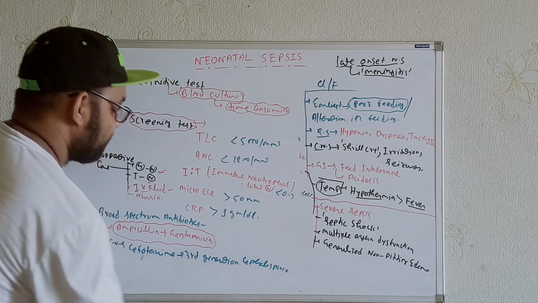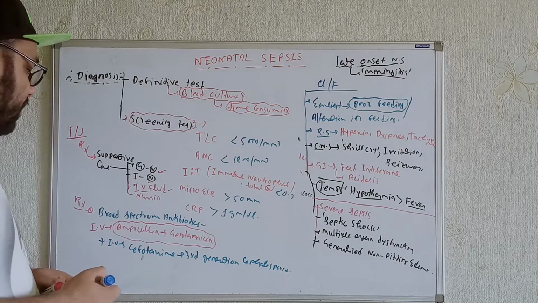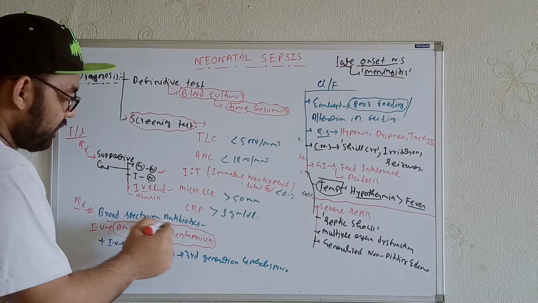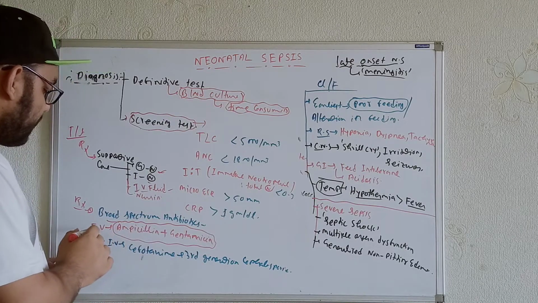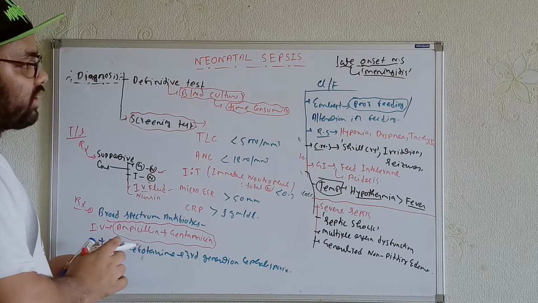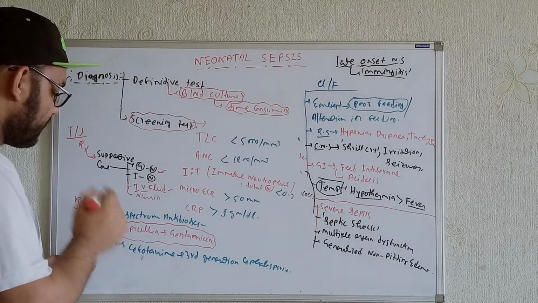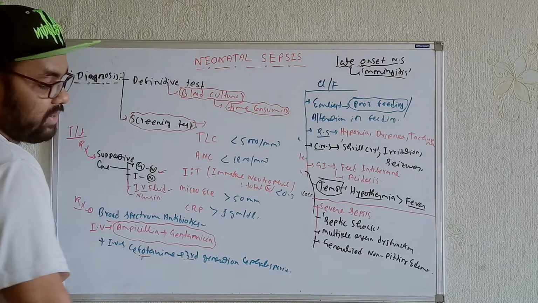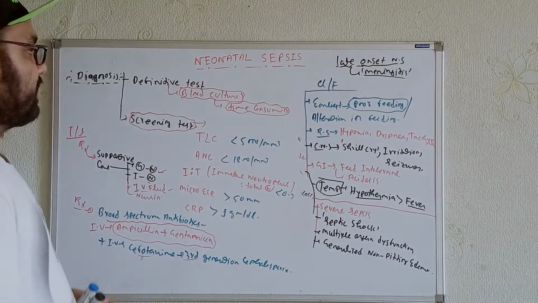So this is the treatment. As I have already said, we have to start broad spectrum antibiotic therapy. In these cases we use intravenous ampicillin plus gentamicin. But if we see the chances of having meningitis, then in this case we have to use cefotaxime. This is the third generation cephalosporin.